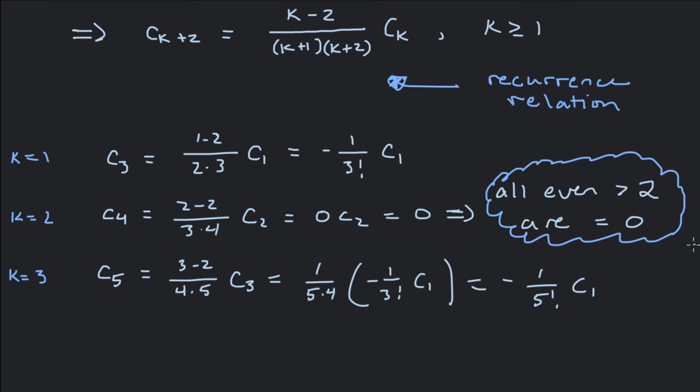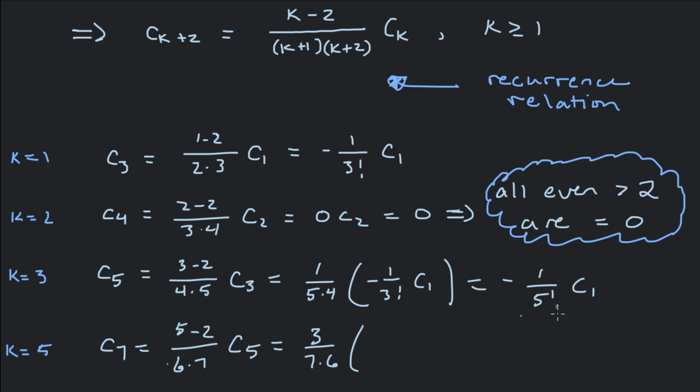Now it'd be tempting to stop here and say that whatever the index is, that's going to be my factorial, but that's not the case. We'll see that with one more value of k. So when k equals 5, we'll get that C7 is equal to 5 minus 2 over 6 times 7 C5, which is equal to 3 over 7 times 6.